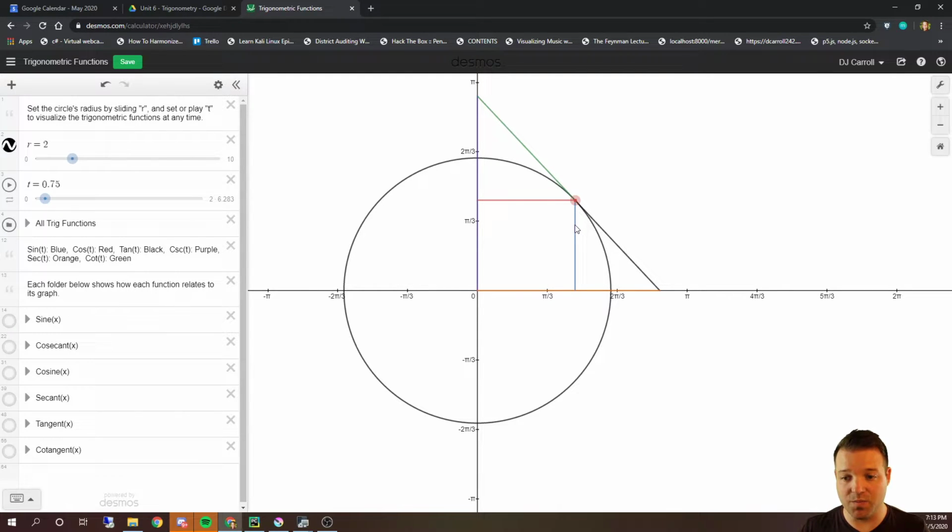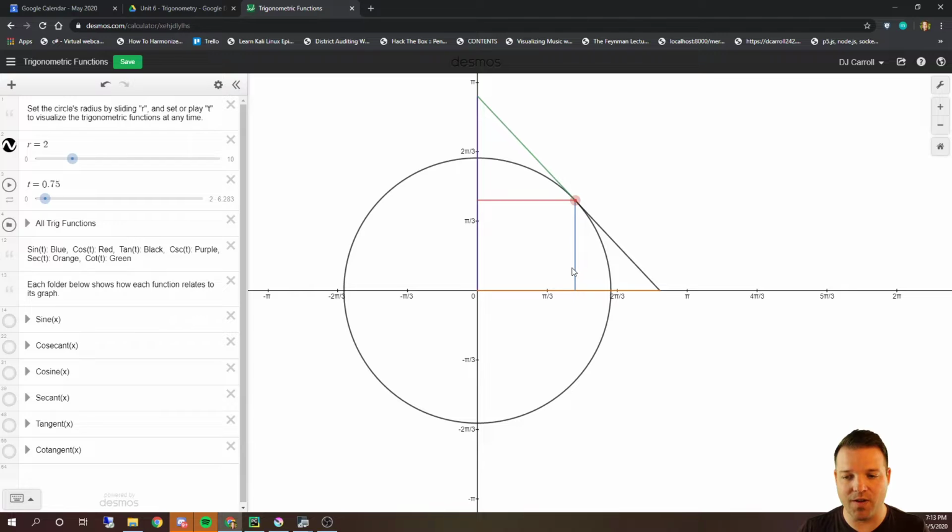For example, related to this point, the x value of this point is how far we've traveled from the origin over to where we meet this blue line, in other words, this red line up here. That is the x value, right? How far away we are from the y-axis.